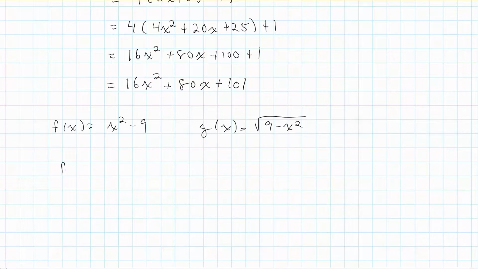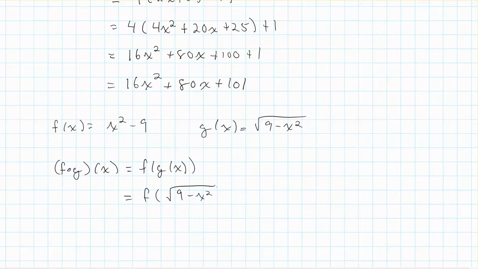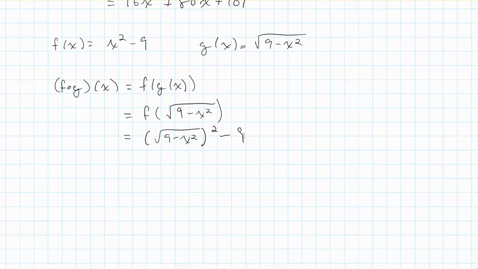Okay, so then let's look at f composed with g at x, which would be f at g at x, which is f at the square root of 9 minus x squared, which is equal to the square root of 9 minus x squared, quantity squared, minus 9. Okay, so we square that, and we get 9 minus x squared minus 9, which is just equal to negative x squared.